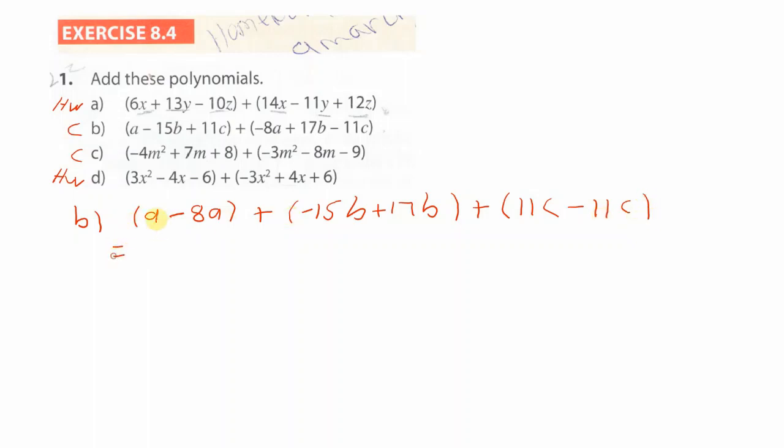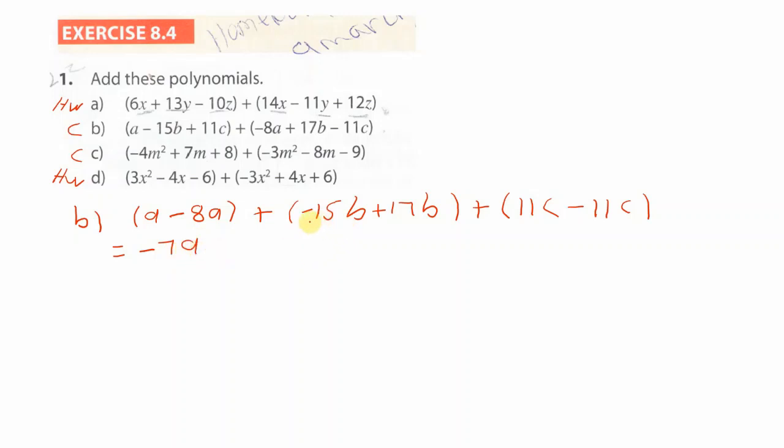So now we can simplify what's in the brackets. We have 1a, we owe 8a, we don't have enough, so it must be a minus. The difference between 8 and 1 is 7, so we owe 7a's.